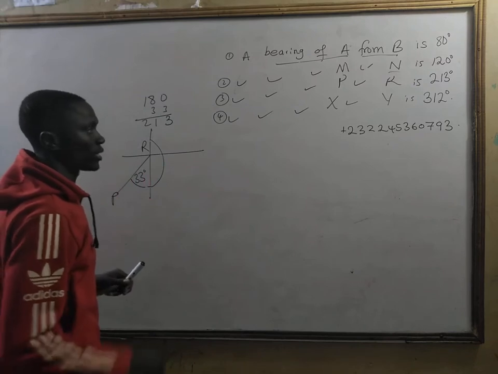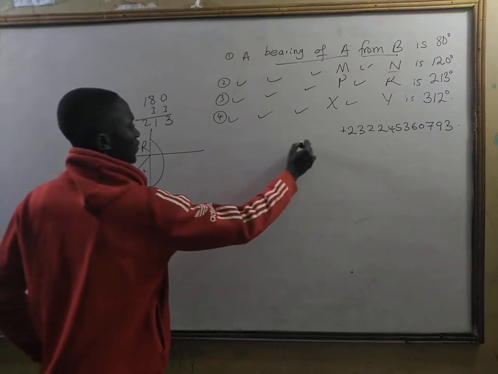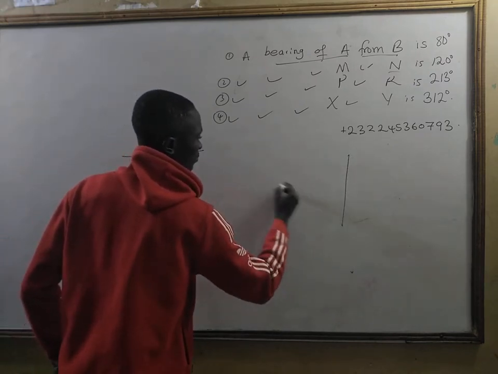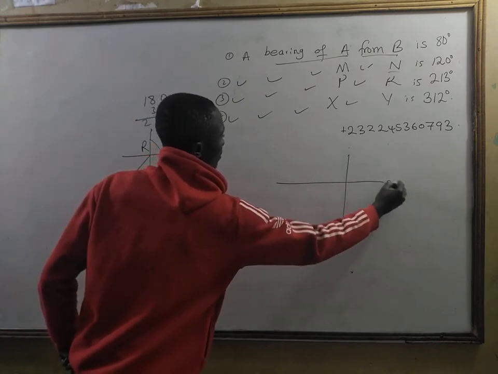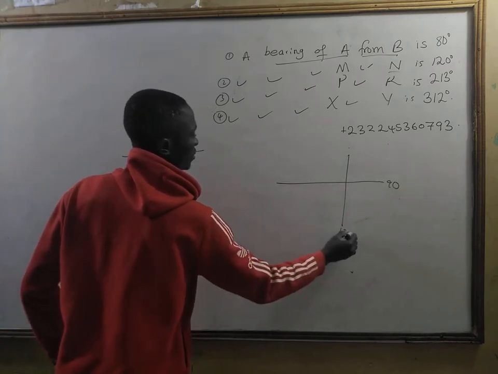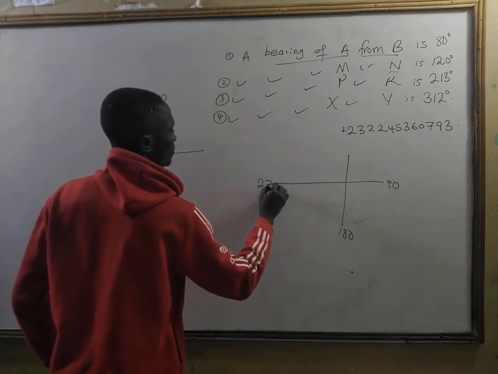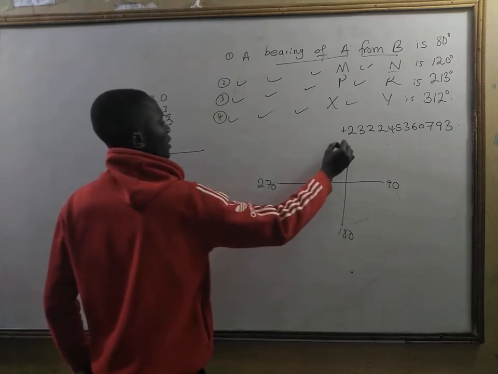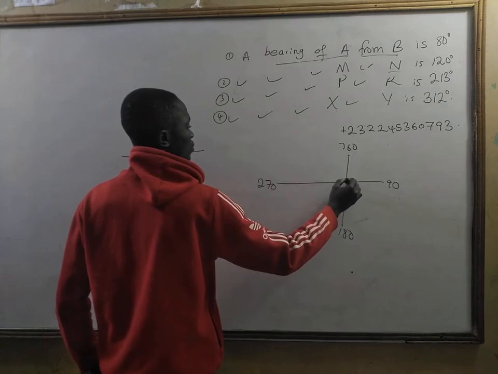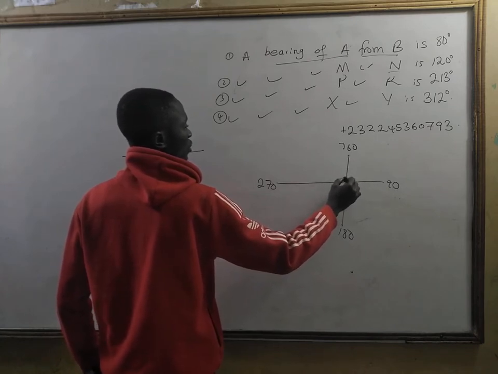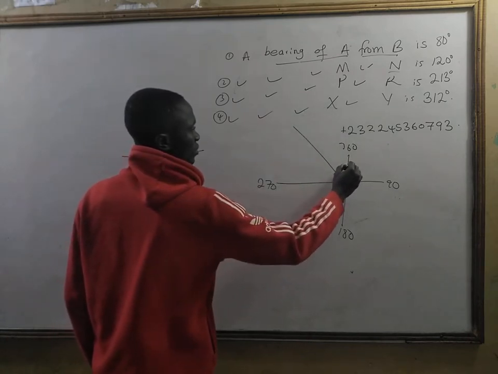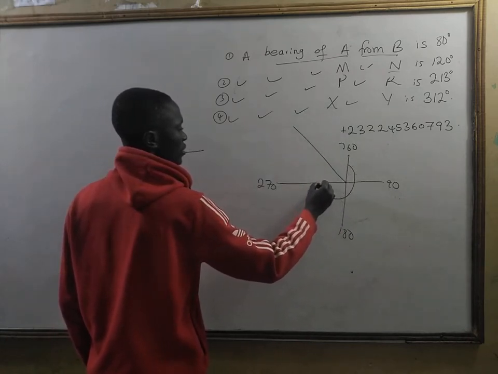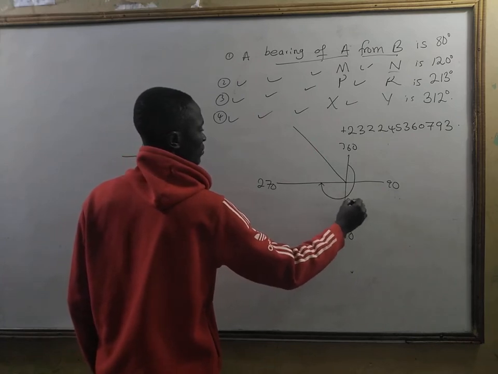Let's see the last one. So for the last one, we have 312. So we have 90, 180, 270, then this is 360. So 312 will be between 270 and 360. So we have the whole of this to be 270.